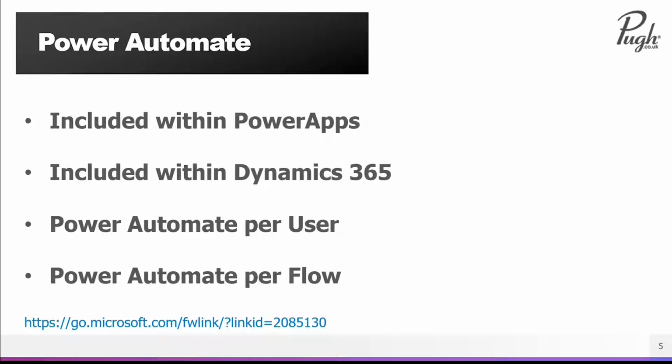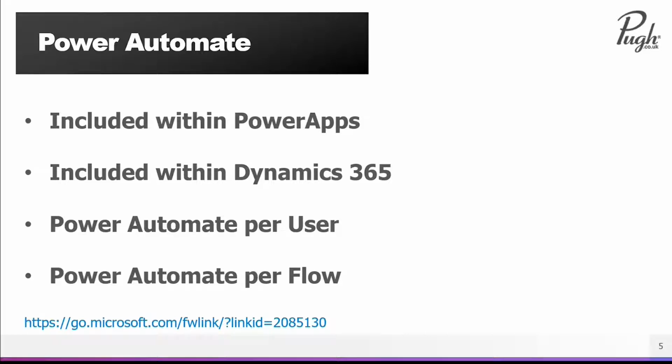So for full functionality with premium connectors, the on-premise gateway, etc., then you need to purchase a Power Automate license. There is a per user license, and in common with other Power Platform products, a license is needed for each user running the workflow.